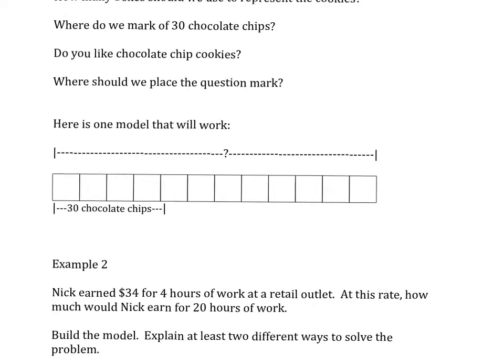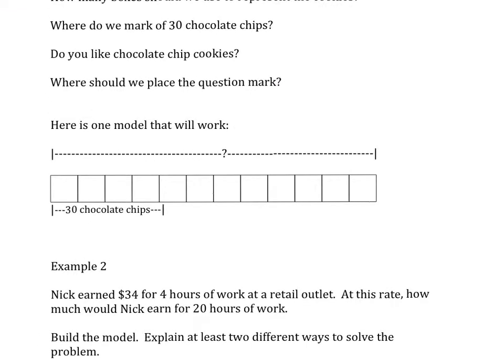So here's the model that would work, and you can see that we have 30 chocolate chips here making up 4 boxes. So in order to find that out, like with part wholes, we have 30 chocolate chips going into 4 boxes, so we get a number for that.